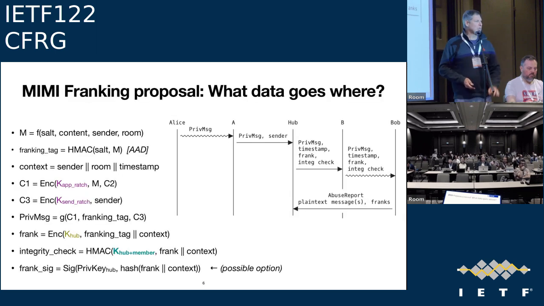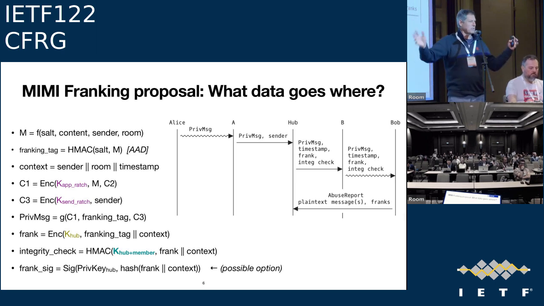Okay, so this is the crypto construction that we used with a few annotations. M is the message that would be sent over MLS, and F of this is a composition of those four things and some other stuff that gets turned into the plain text.